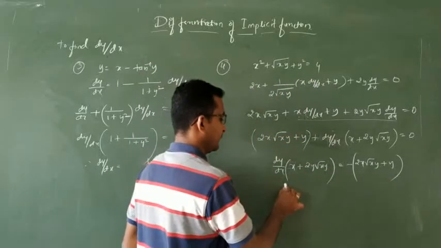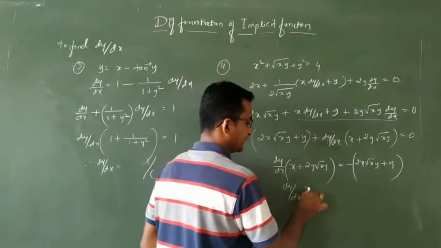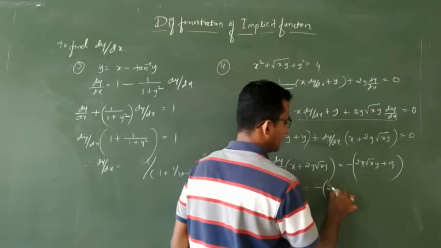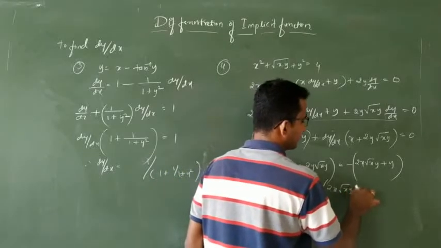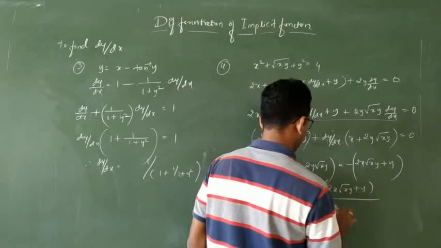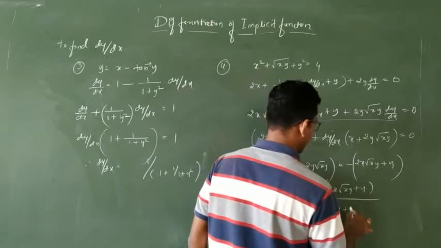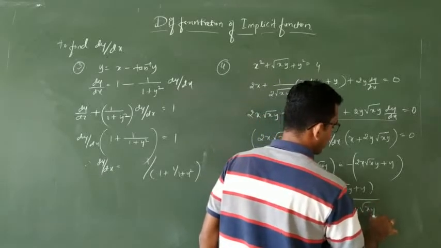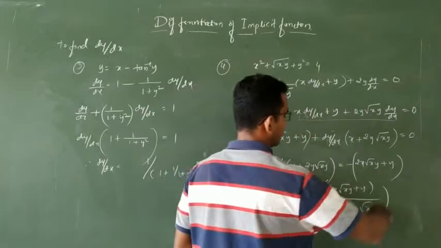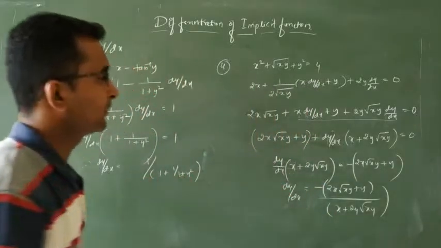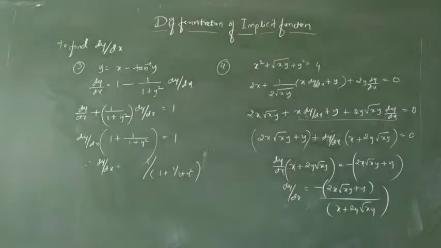Therefore, dy by dx is nothing but minus 2x root of xy plus y, whole divided by x plus 2y root of xy. This is the RHS, which goes to the denominator. So this is one of the examples using, again, the implicit function. Okay?